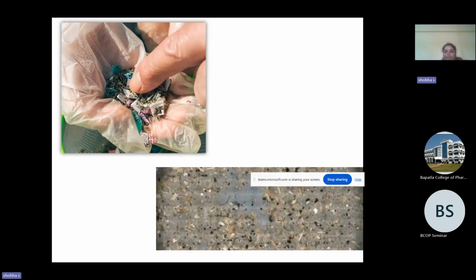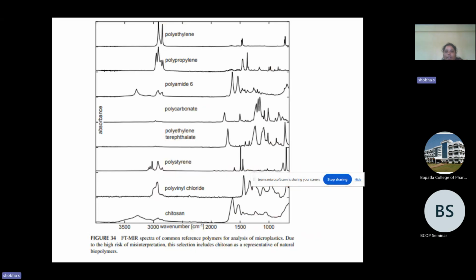These are the microplastic analyses, composed of polyethylene, polypropylene, polyamides, polycarbonate, polyethylene terephthalate, polystyrenes, polyvinyl chloride, and cellulose based polymers also. For that reason also we acquire the IR spectrum, for completing the stretchings which we expect in the molecule.